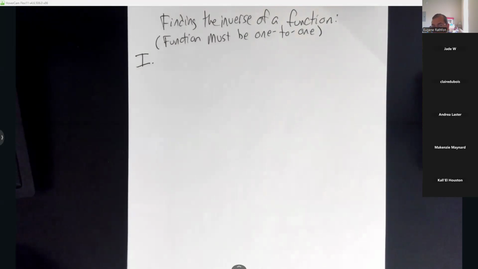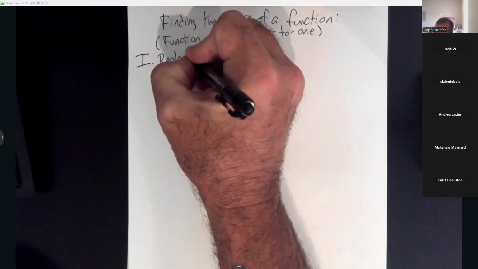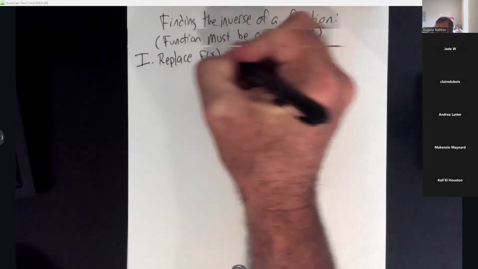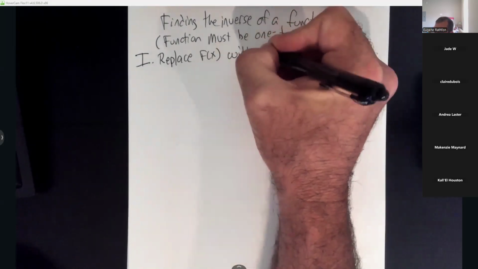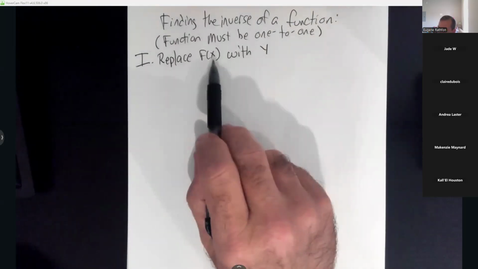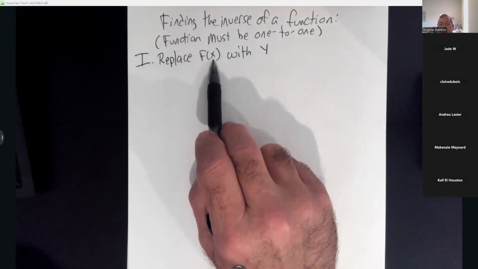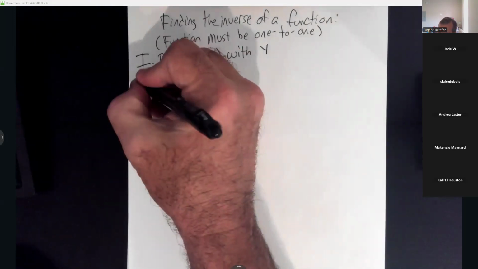All right, so these are the steps to actually finding the inverse of a function. The first thing we're going to do, we're going to replace f of x with a y. Because they're going to give you f of x equals something. So since f of x and y are the same thing, basically, we're going to replace f of x with a y.